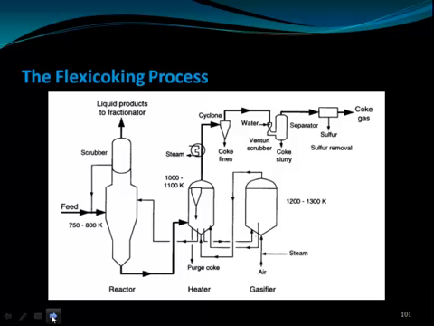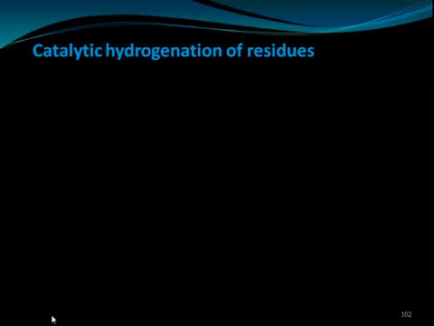Then if unconverted it can be recycled back or heated at higher temperature in order to get more coke gas formation, and that's how we can use the heavy gas oil for a good purpose.